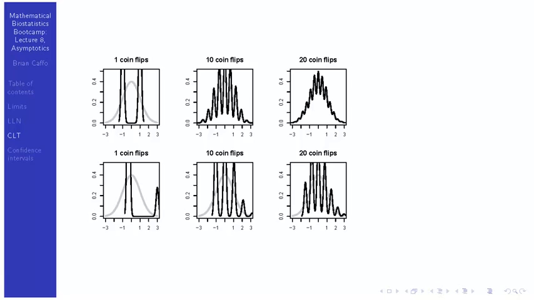So for some distributions, it might take thousands of observations going into the sample mean for the distribution of sample means to behave like that of a Gaussian distribution. And for others, like the die roll, we saw that it only took 6, and then it was nearly overlaying the standard normal distribution. So, it's an unfortunate fact that the central limit theorem can't give you any guarantees on how quickly things converge to normality.